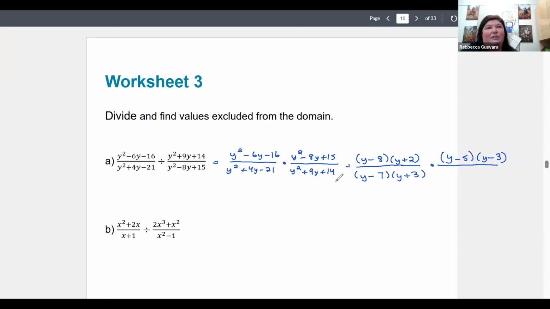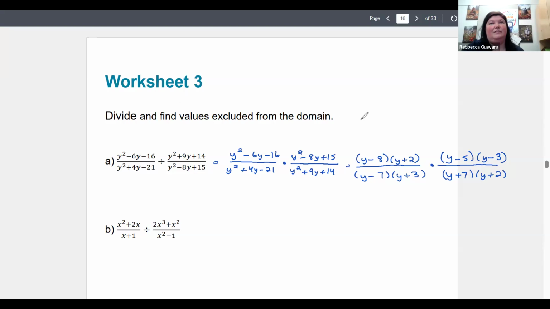And then the last one, we will have y squared plus 9y plus 14. Two numbers that multiply together to give me 14 but add to give me 9 would be y plus 7, y plus 2, because those will add to 9 and multiply to give me 14.